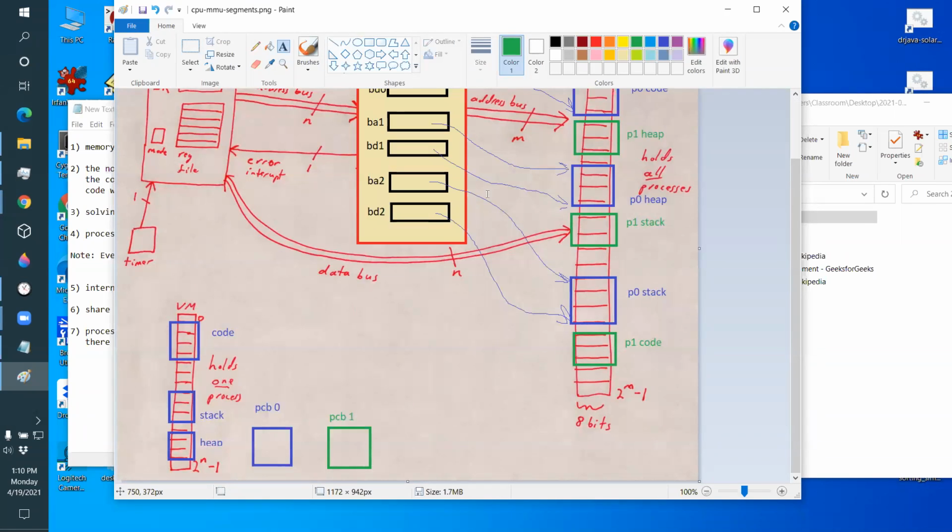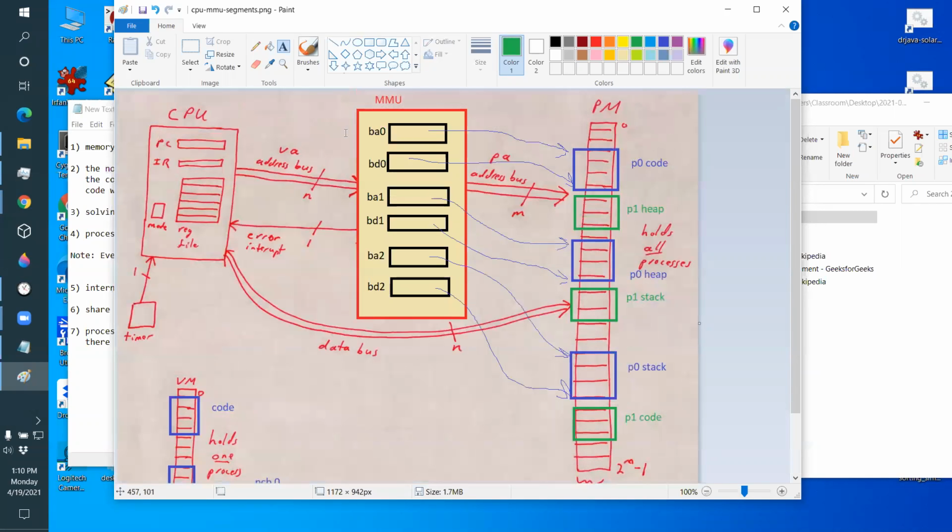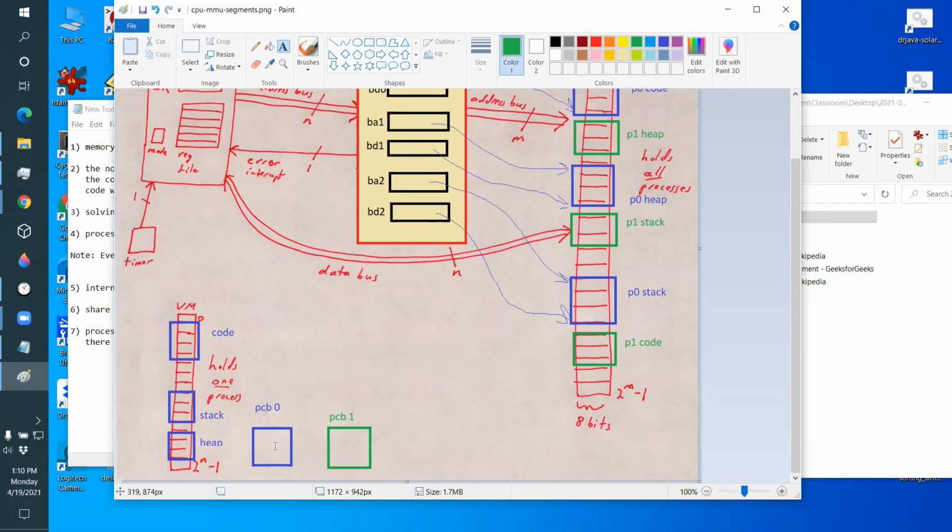When the operating system says that the CPU is running process 0, the base and bounds registers belong to process 0. Then if there's a context switch from process 0 to process 1, all the base and bounds registers, along with the CPU registers, get put in process 0's process control block.